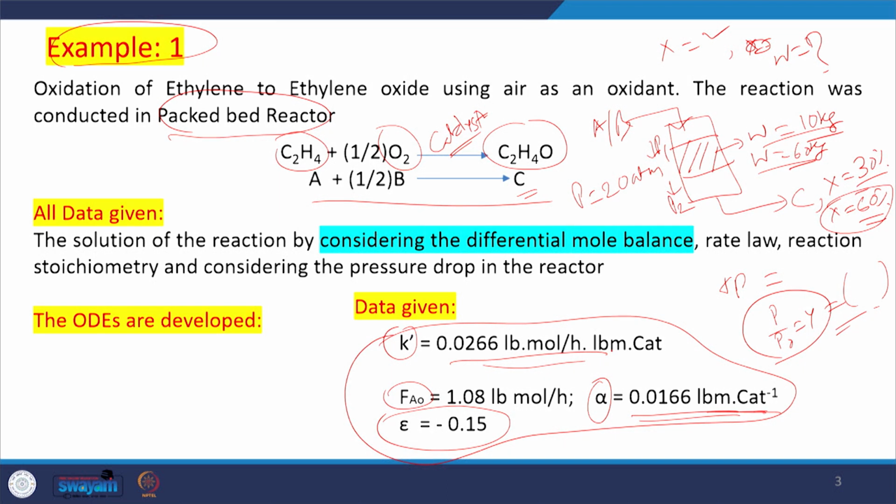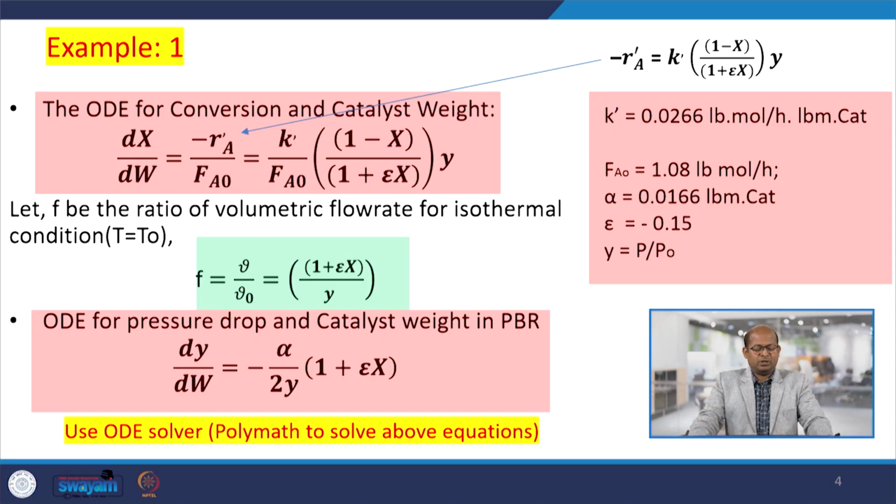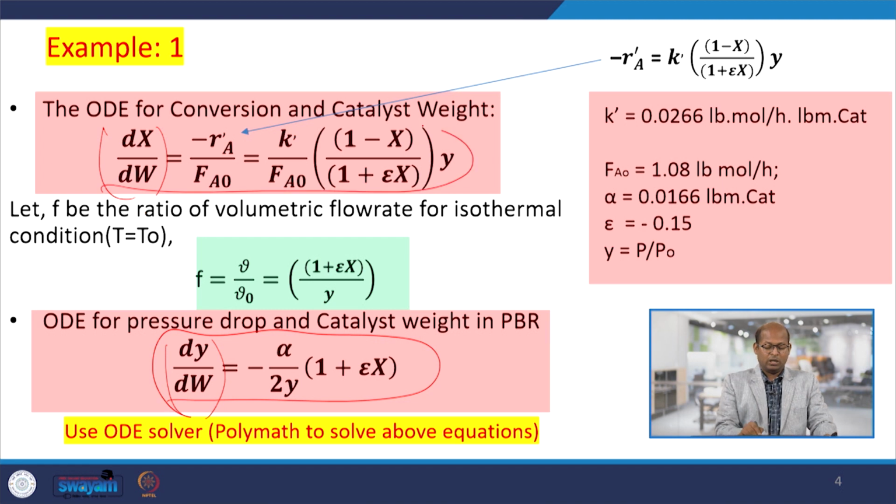Once we design for these reactors, the ordinary differential equations usually come up, but previously we did not solve them. We discussed what differential equations come up, but only discussed the results. Now, this is the ordinary differential equation: the change of conversion with respect to catalyst weight. If we change the catalyst weight, conversion will change this way, W and X, as we discussed last time.